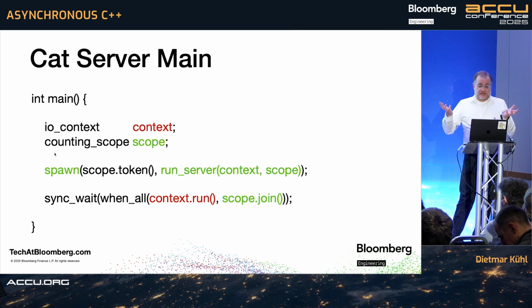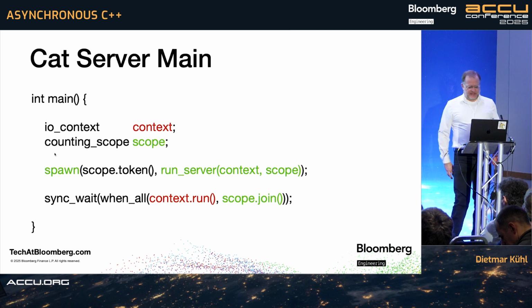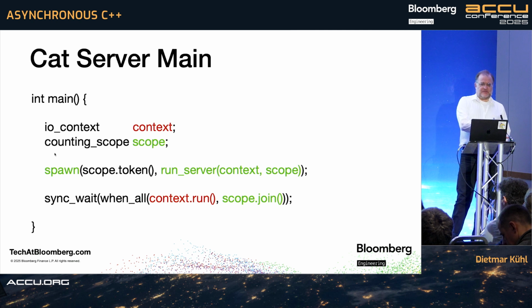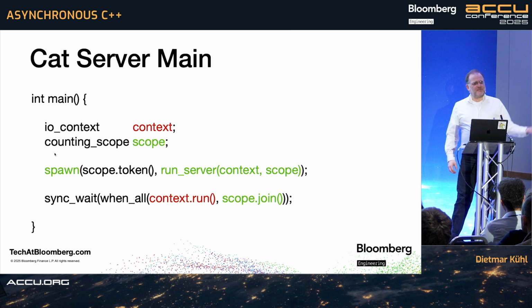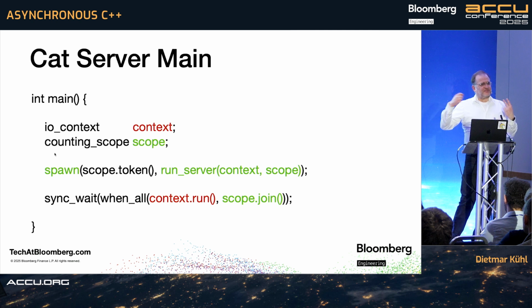Then the only question is, what kind of work can I create? Unfortunately, the standard library will not provide any concurrent work in any shape or form. It has a nice infrastructure for doing all of these things, and you can create something like an I/O context, but there will be no I/O context. There may be a thread pool, but the thread pool itself is also not providing asynchronous work.